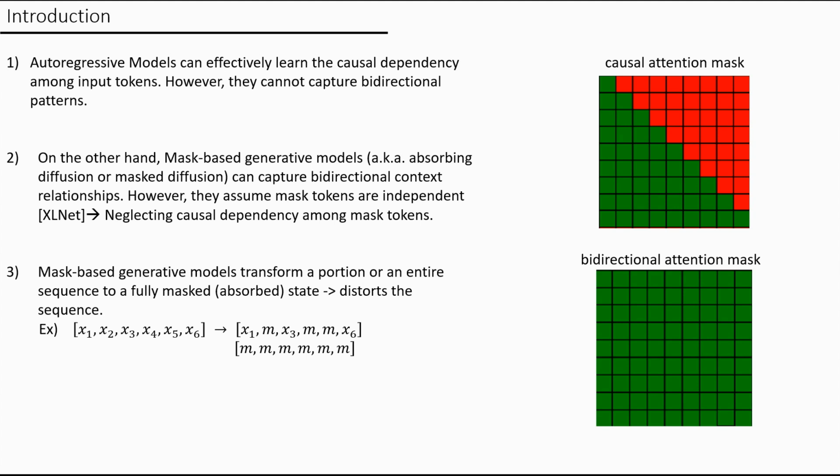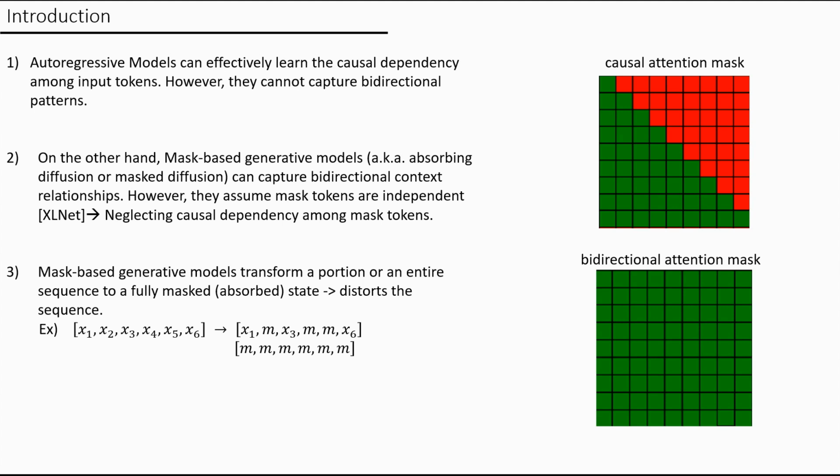On the other hand, mask-based generative models, also known as absorbing diffusion or mask diffusion, use a bidirectional attention mask during training. This bidirectional attention mask enables the model to learn the bidirectional relationships and patterns in the input sequence.